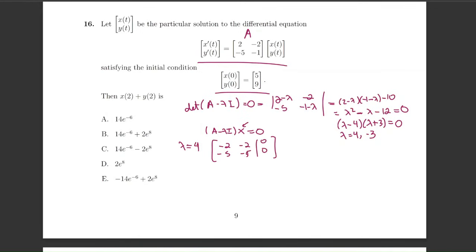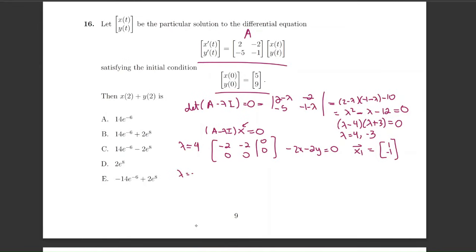You can see that these are multiples of each other, and so we can just delete that. So we know that the expression for x must satisfy -2x minus 2y equals 0. So we can just arbitrarily pick, let's just have our first eigenvector be 1 and -1.